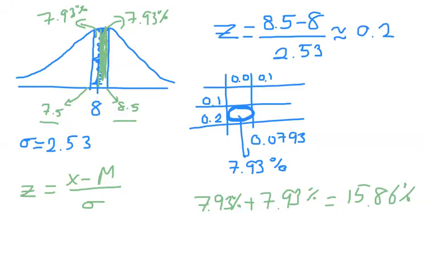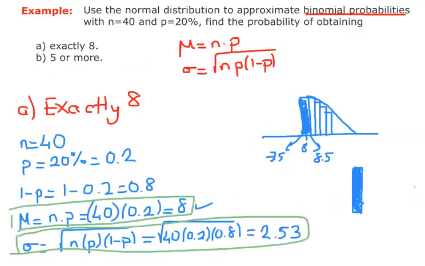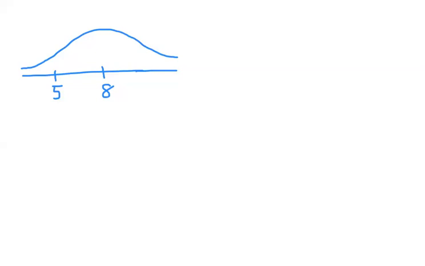All right. I want to do one more question, which is part B. Part B was saying 5 or more. So let's draw the histogram again. On my histogram, the mean is 8 and 5 is before the 8. I'm looking for 5 or more.